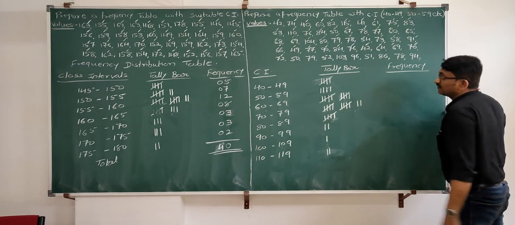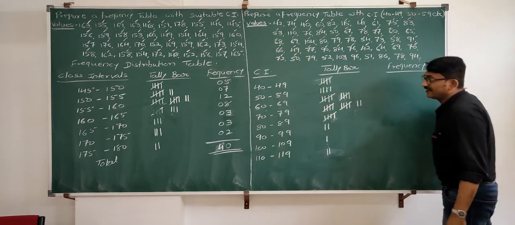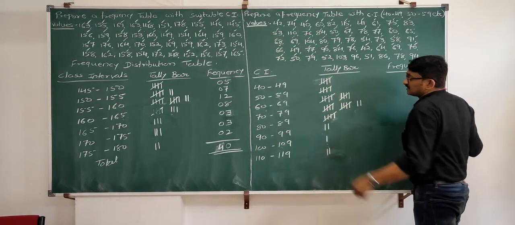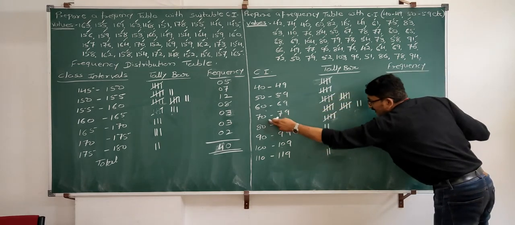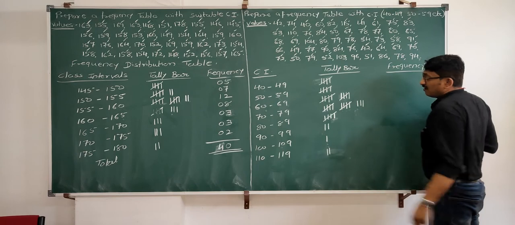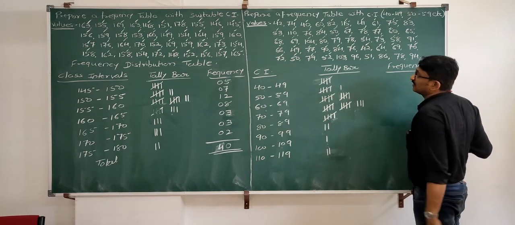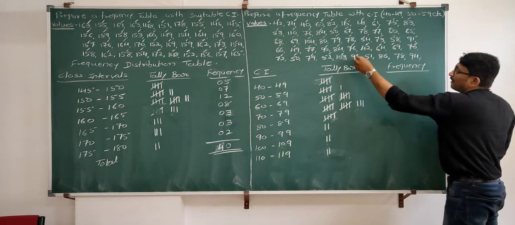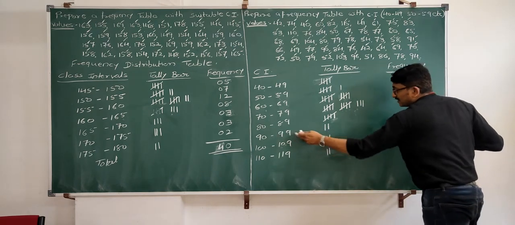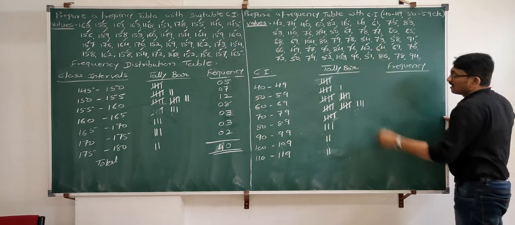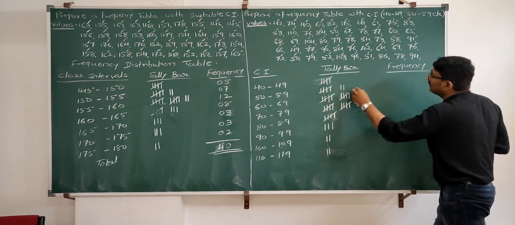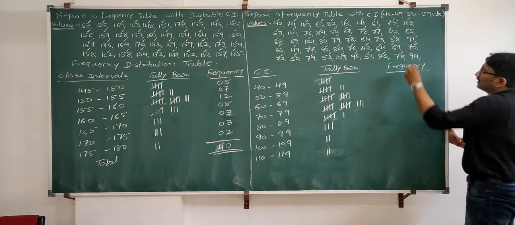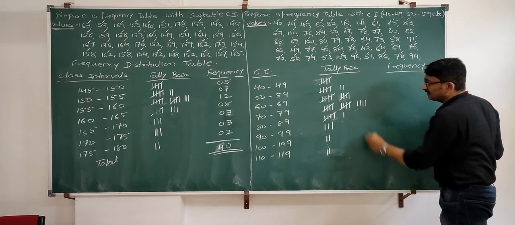72, it comes under 70 to 79. 50 we have to take under 50 to 59, fifth line. 79 comes under 70 to 79. 50 to 59, again start. 103 comes under 100 to 109. 96 comes under 90 to 99. 51 50 to 59. 86 80 to 89. 78 70 to 79.